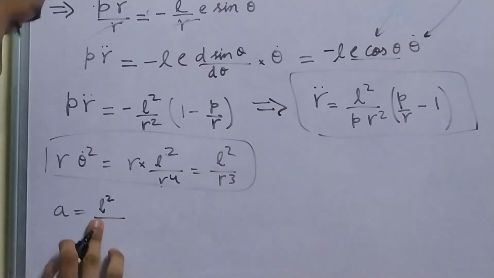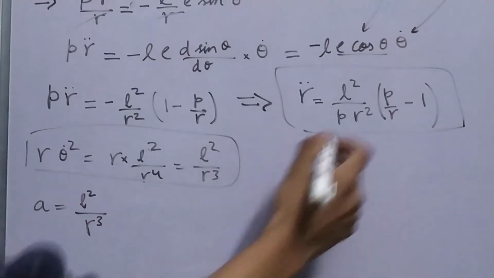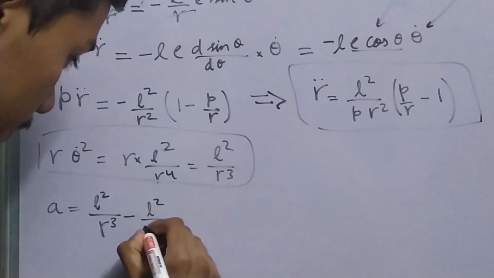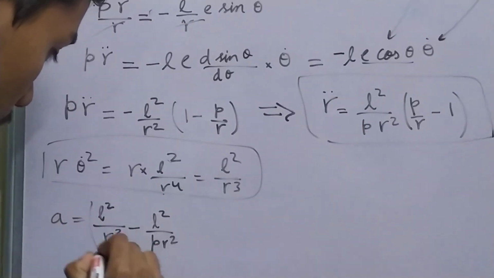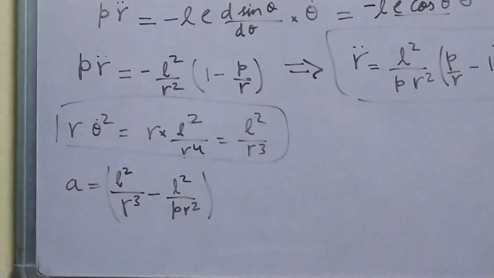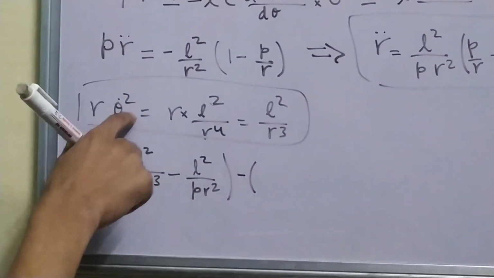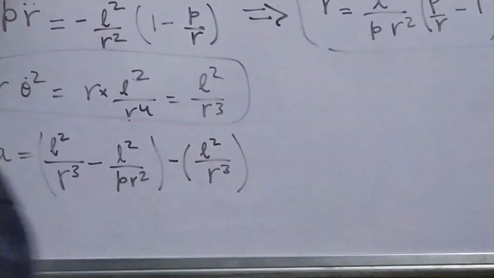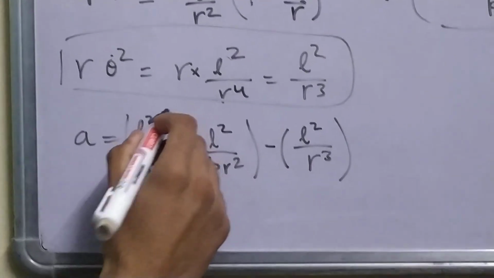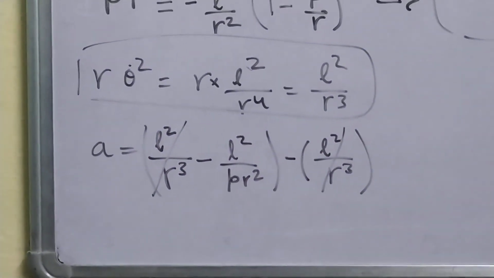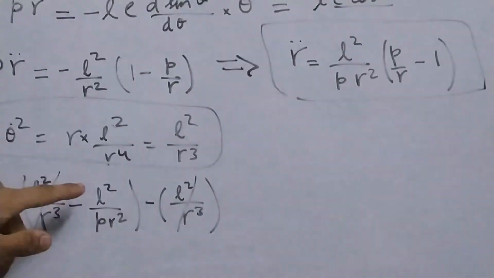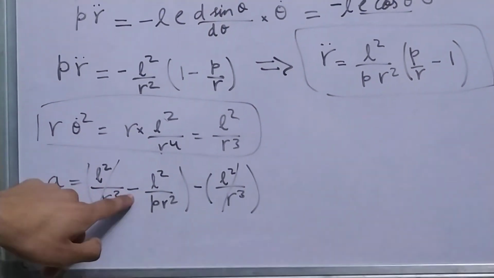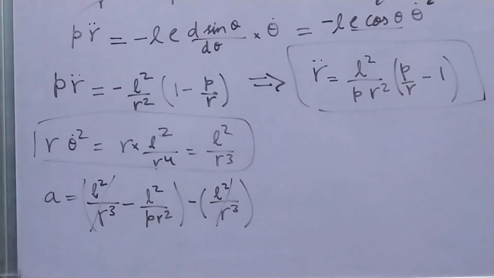Okay, L square upon r cube, the p's cancel out, minus L square upon p r square. So this is your r double dot term minus r theta dot square. So this is L square upon r cube. Okay, so these two terms cancel out and you're left with your L square divided by p r square with a minus sign in the r cap direction.